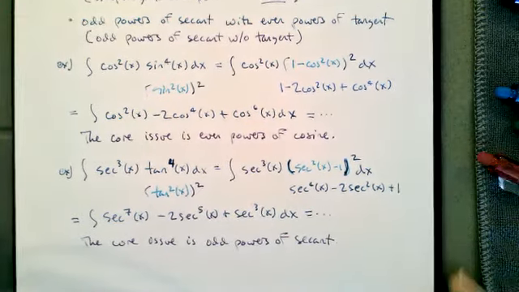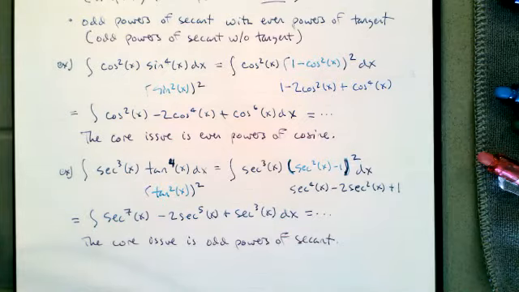These are the two cases that did not fit into our substitution: even powers of cosine and odd powers of secant. Those are the ones that are left over. Those are the ones that we're going to have to learn how to integrate. Any questions?